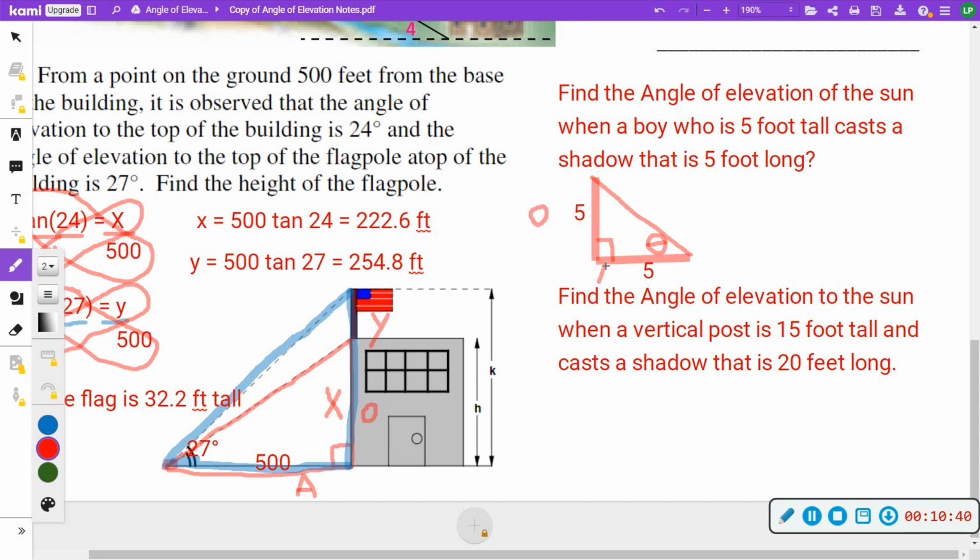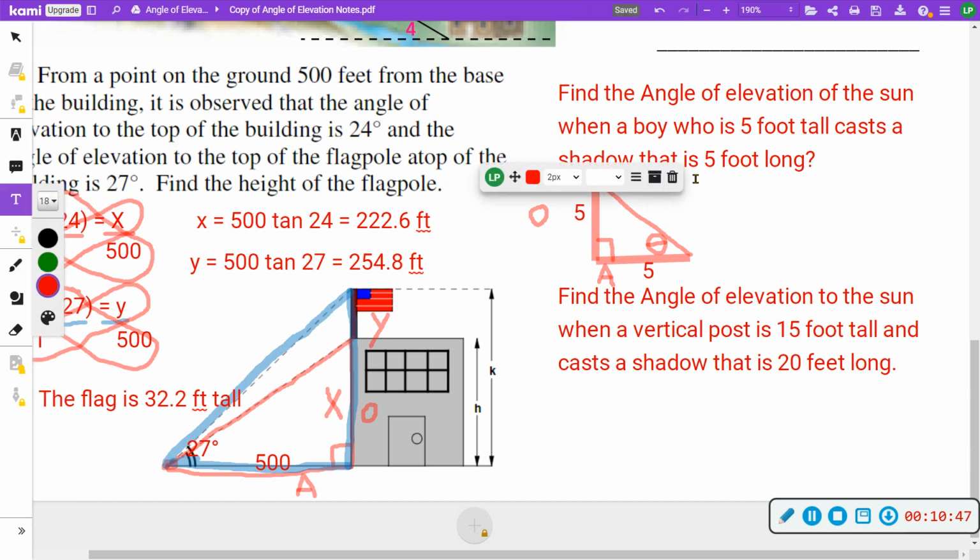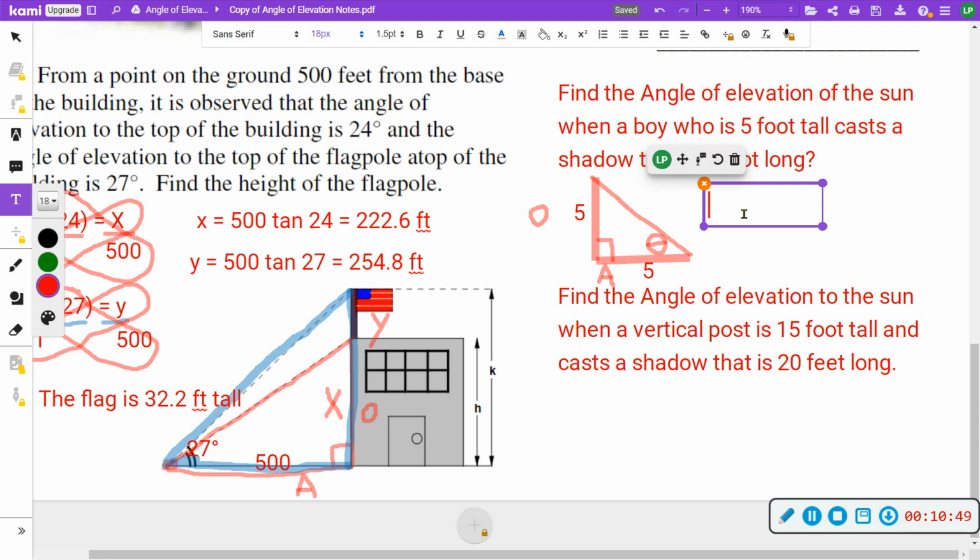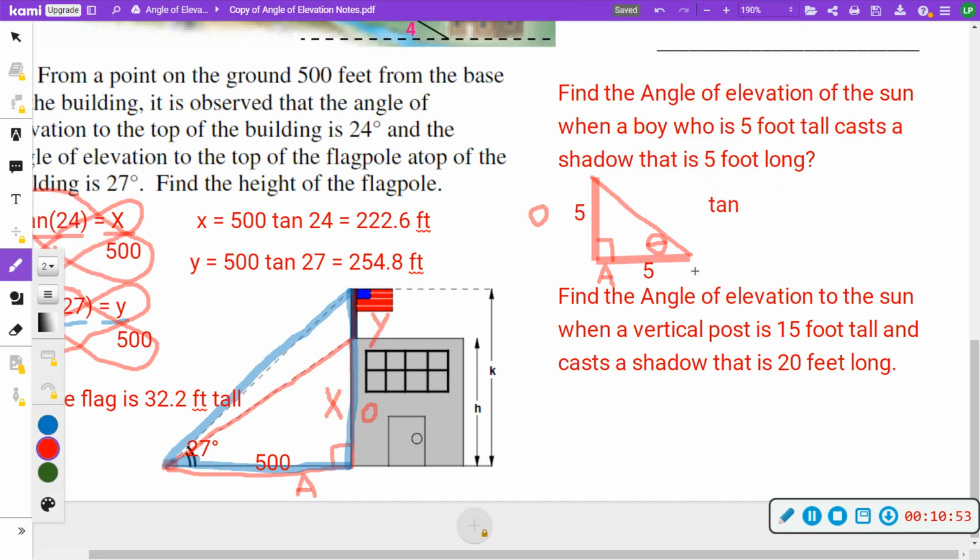This is my adjacent. And I would again use the tan function. It's not always tan. And remember, now it's the inverse button. So it's tan inverse. Whenever you're trying to find an angle, it's the inverse of O divided by A, 5 over 5.